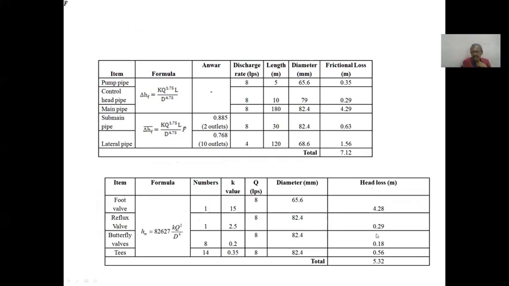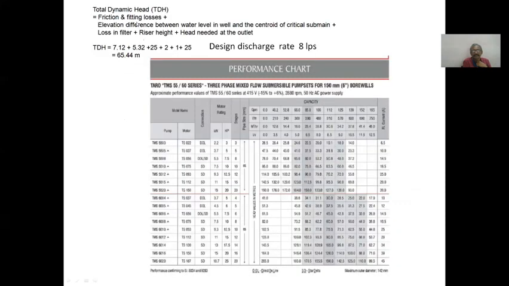So you calculate the head losses, add this loss and this loss put together. Total dynamic head is friction loss, fitting loss, then elevation head 25 meters, riser height is 2 meters, let us assume.